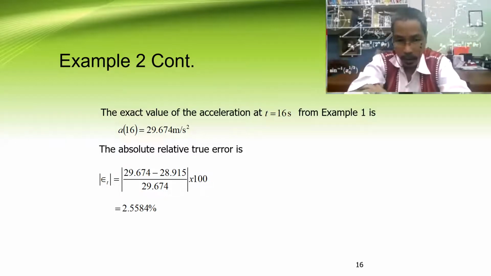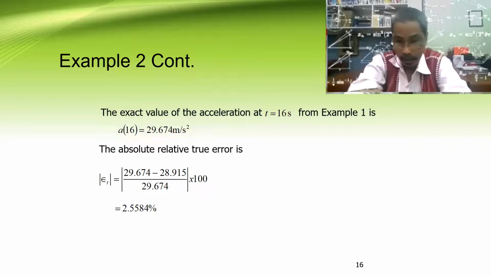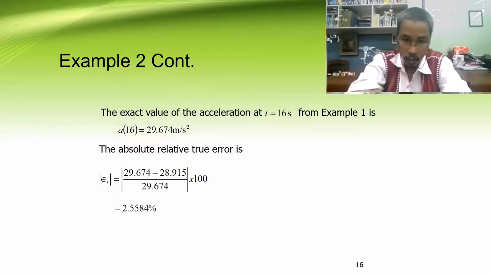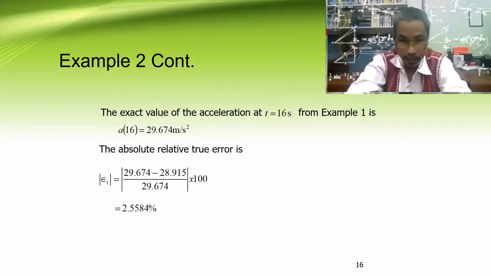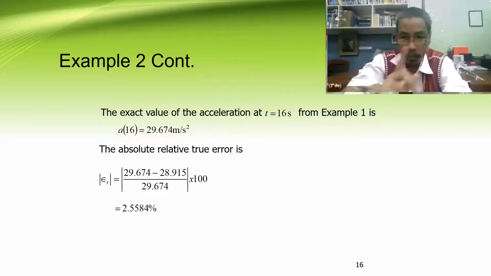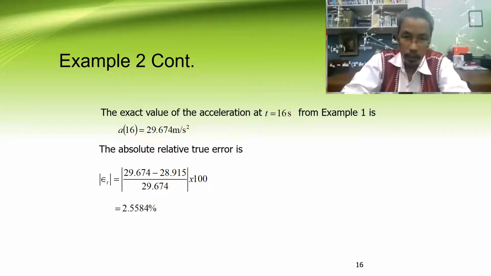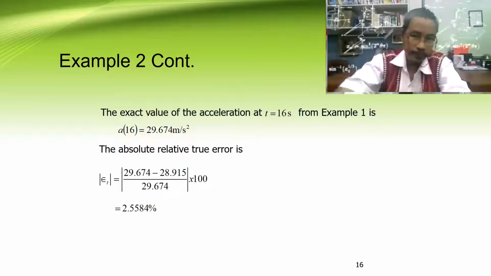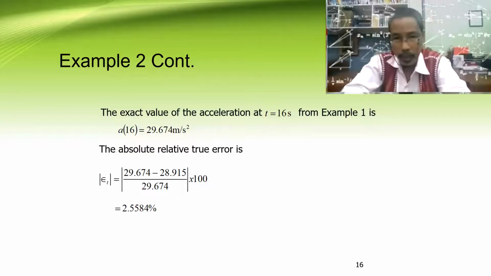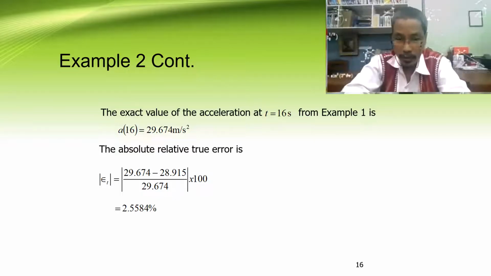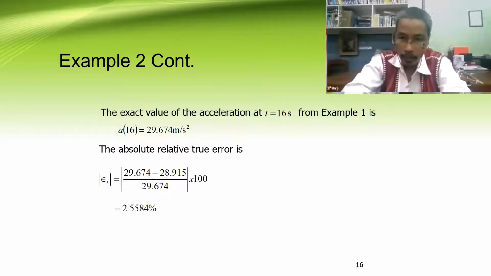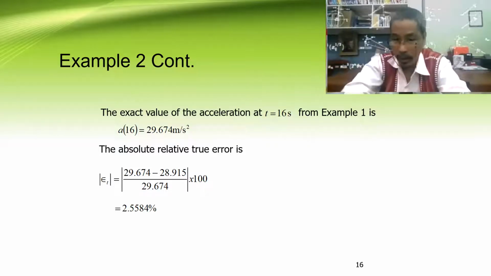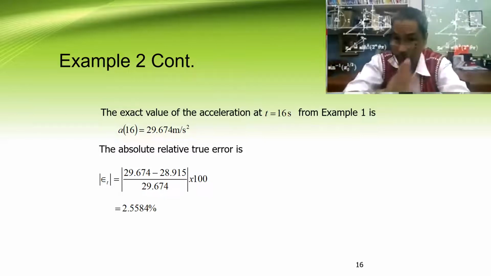It is not just less than 3%; it is less than 2.7, which is our answer on the forward. But don't be misled. Forward is not always having the greater error than the backward. It just so happened in this specific example.